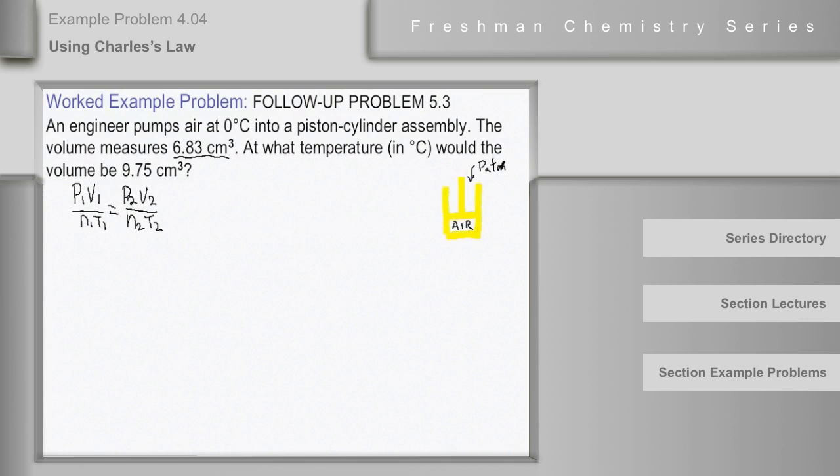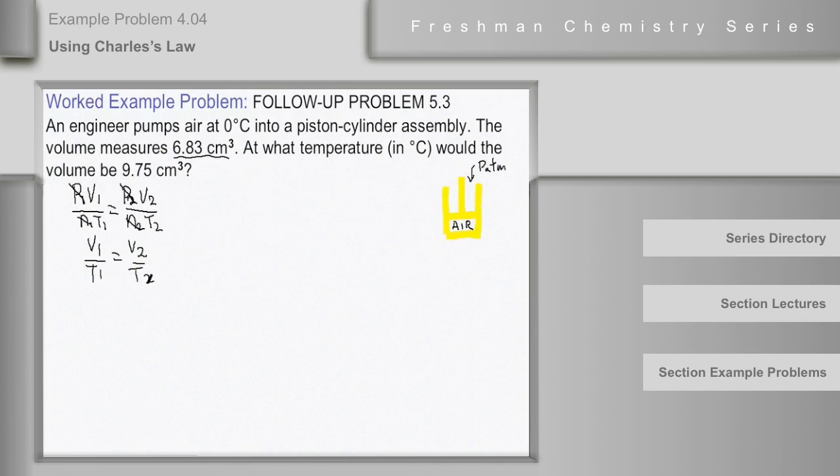That's the same for both of them, so the pressure P1 is equal to the pressure P2, so those pressures will cancel out. Also, the number of moles of gas doesn't change as we change the temperature, so N1 equals N2, and we can cancel those out, and our equation becomes V1 over T1 is equal to V2 over T2.